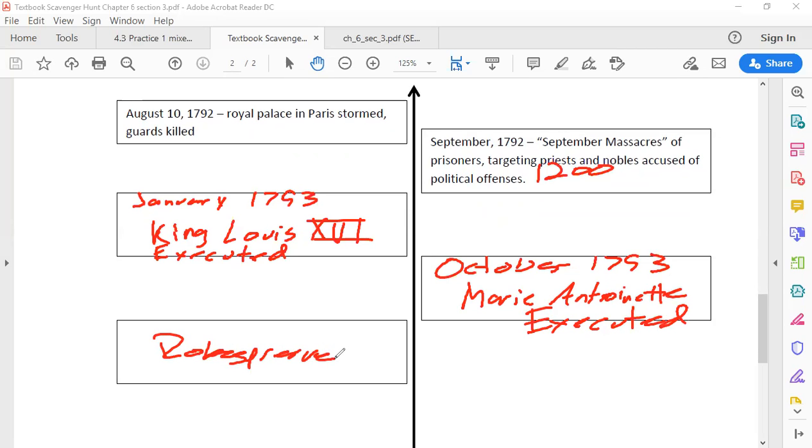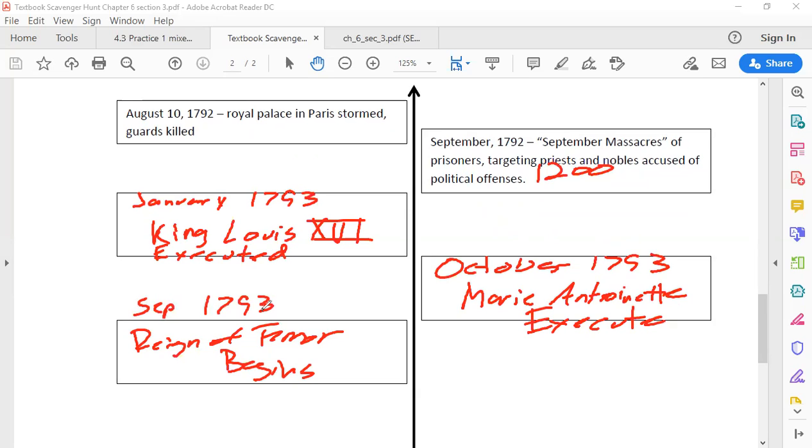Or actually, that would be the next event. The next event would be the Reign of Terror begins. And the date for that would be September 1793. And then later on, there's going to be some events, and we're going to see July 1794.